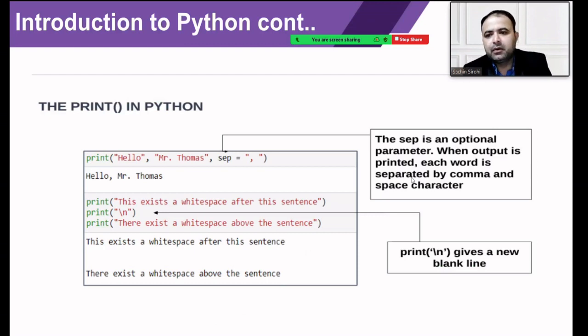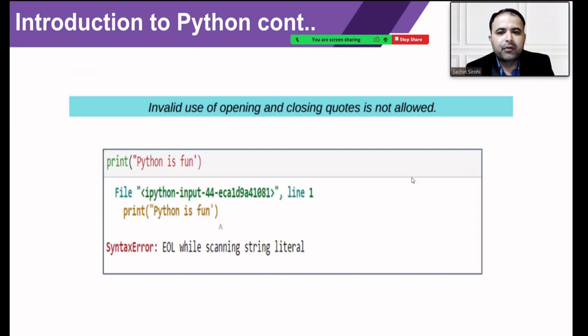Now, invalid use of opening and closing quotes is not allowed. If I supply a double inverted comma and then a single quote, it will give an error. In Python, we can use single quotes or double inverted commas, but not dissimilar ones.